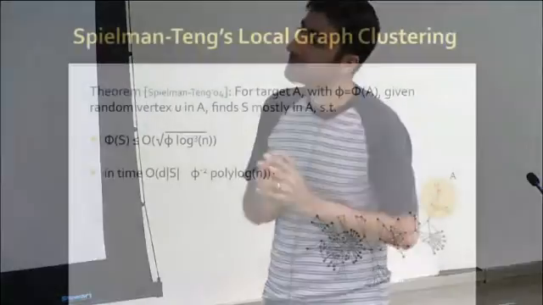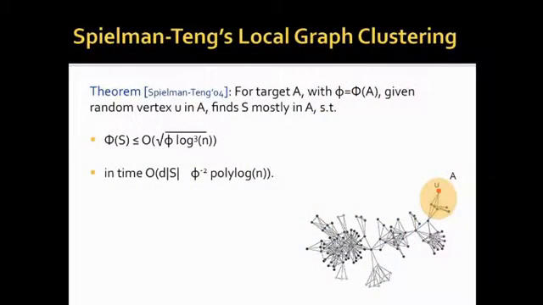So Spielman and Teng answered this question, kind of, and they proved the following nice guarantees. I should also mention that they use this algorithm in their nearly linear time Laplacian solver. They prove the following.